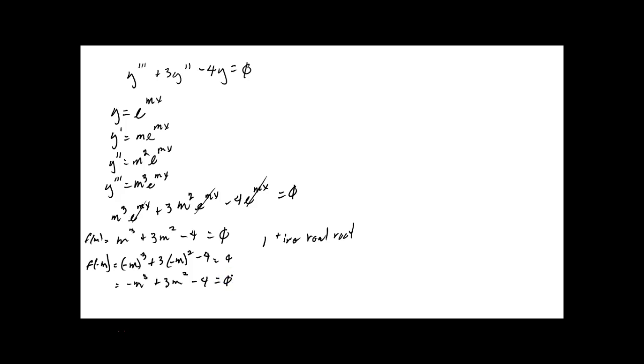Now you count the sign changes here. Well, you have 2 sign changes. So that means you have either 2, and here's where the catch comes in, or 0. Subtract 2 from it. You either have 2 or 0 negative real roots.